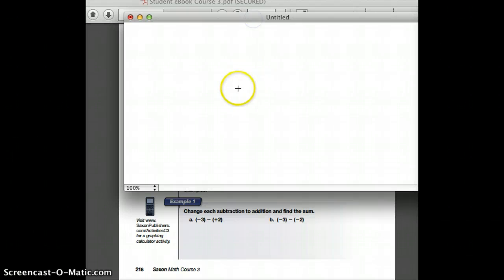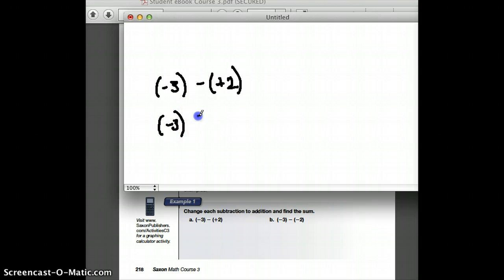For example 1, they have -3 minus +2. What they're trying to say is that instead of subtraction, you can change this to an addition, but that means you have to change the second number to its opposite: if it was positive, you change it to negative.